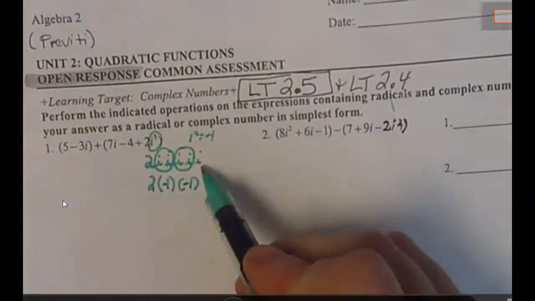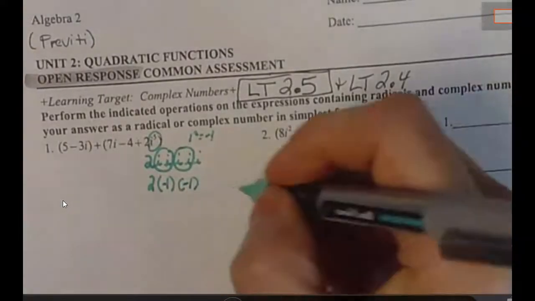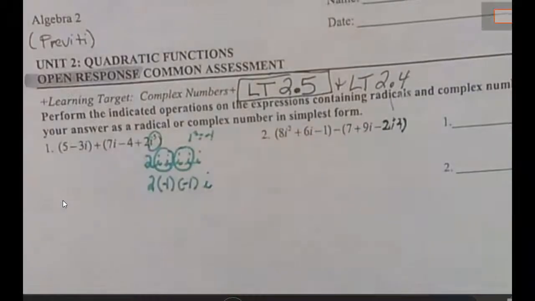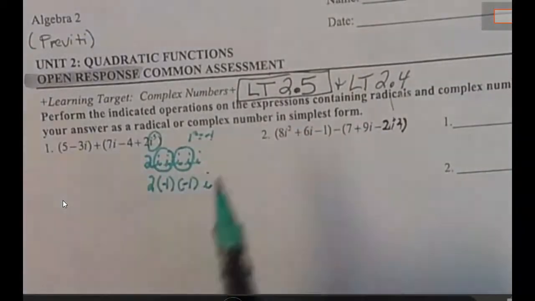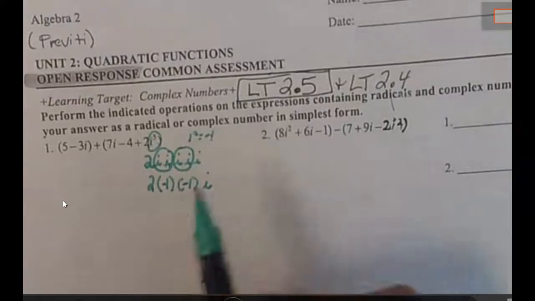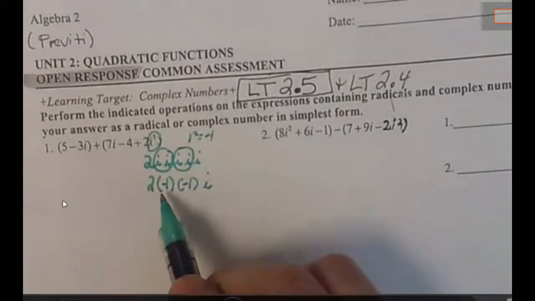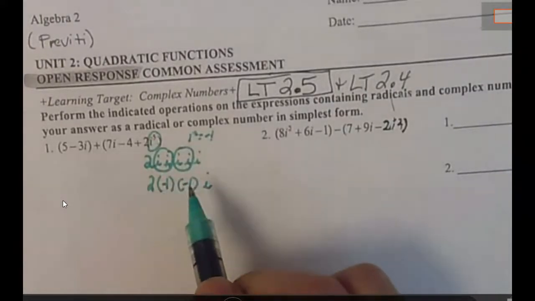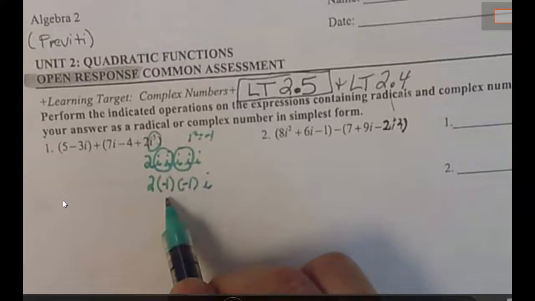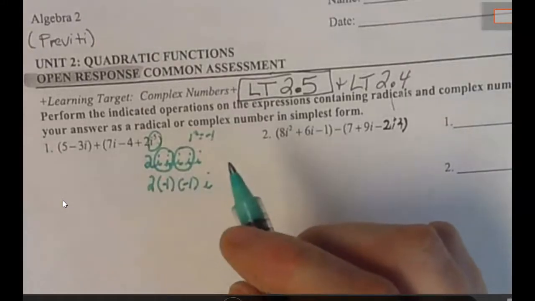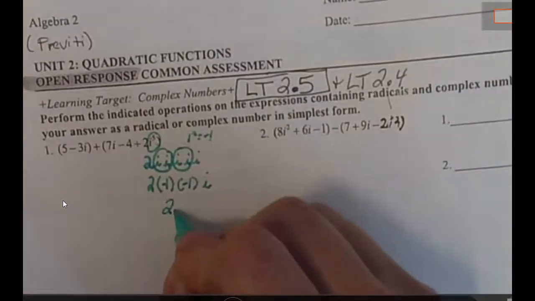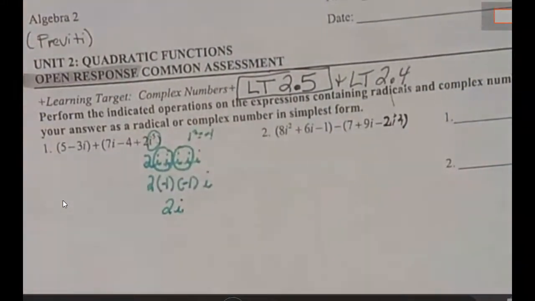And then it looks like there's only one i left, so I'm going to put that on the end of here because we will keep the i with it. So I broke this down, so really it's 2 times -1 times -1. So you should actually get that it is 2i when we simplify it.